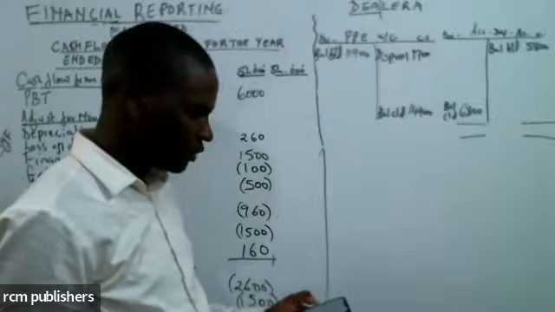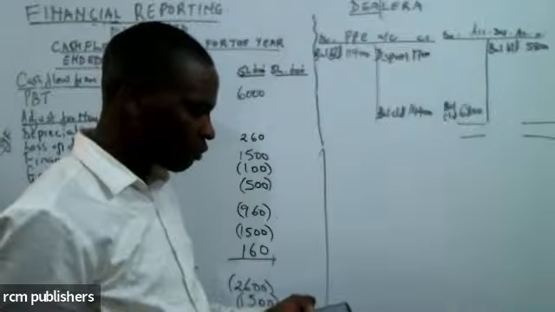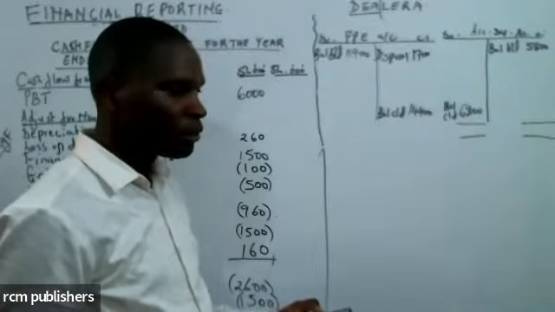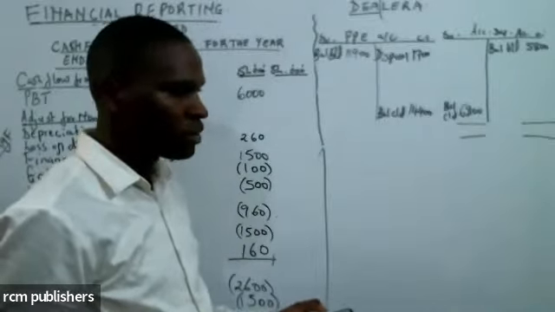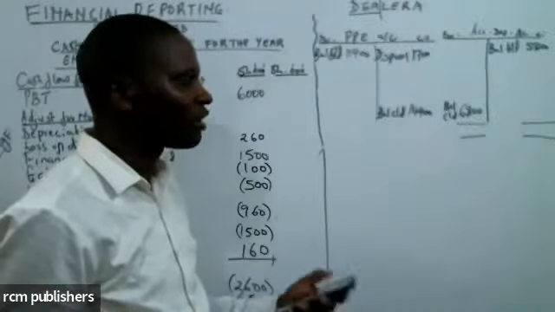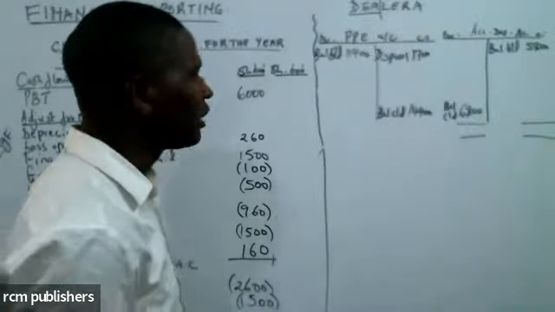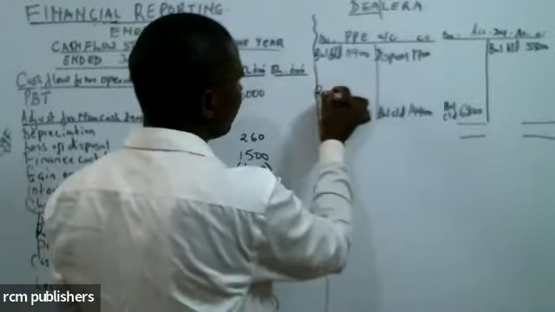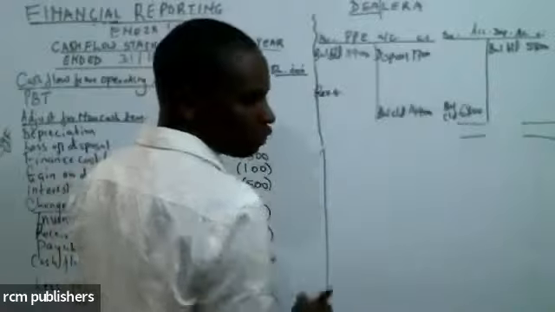In the equity section, we have revaluation reserve on property, plant, and equipment. Hii revaluation mwanzo ilikuwa 1820, alafu tukakuwa na revaluation ya 2000. So there was a revaluation gain of how much? The difference. Revaluation gain increases the value of our PPE.